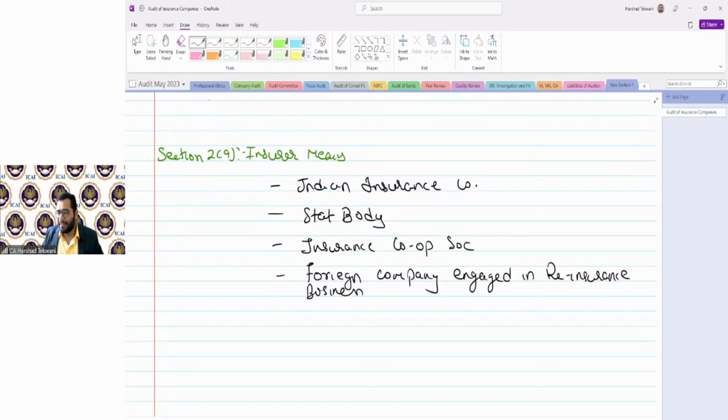So these are known as the insurers. Basically, they have specified the bodies, formations or companies who can act as an insurer. Okay.